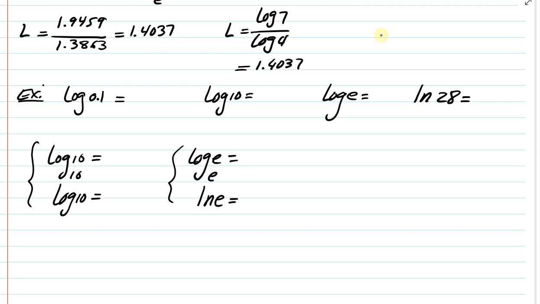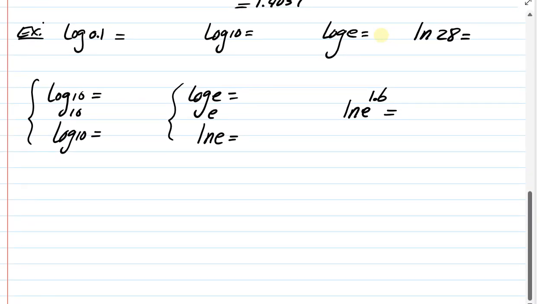And how about something like this one? Suppose I want to do ln of e to the 1.6. And then separately, let's do ln of 1 over e squared. And I think that's probably good enough. Maybe one more, ln of the square root of e, something like that.